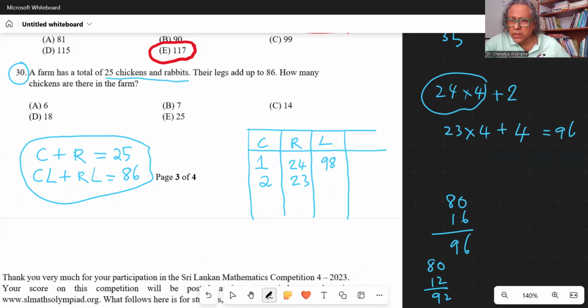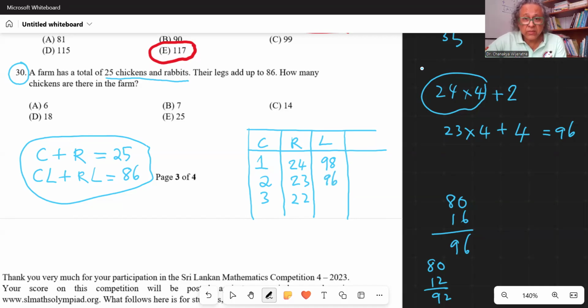Is that correct? So 80 plus 12 is 92. Plus 4 is 96. Again 96. So 3 chickens and 22 rabbits. Earlier it was 98. Now this is 96.